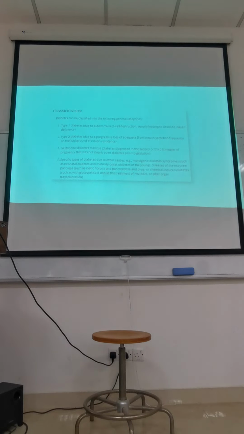If corticosteroids are too much, as in Cushing syndrome, these steroids cause diabetes. Why? Because steroid hormone blocks the function of the hormone insulin. So it is not type 1 or type 2, it's called secondary. Why secondary? Because it is not because of the insulin. Something else is blocking the insulin, right?